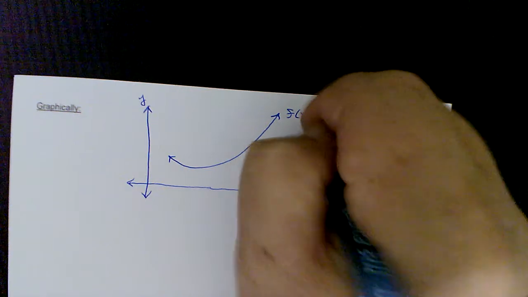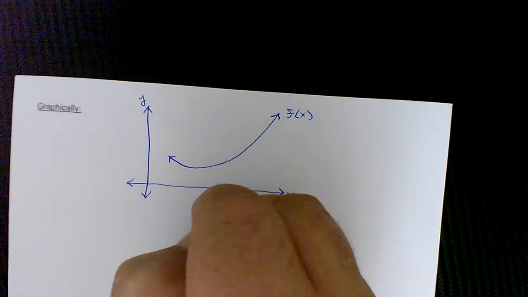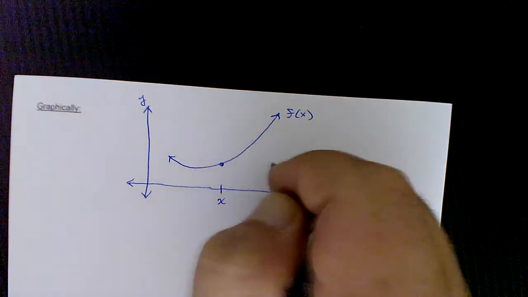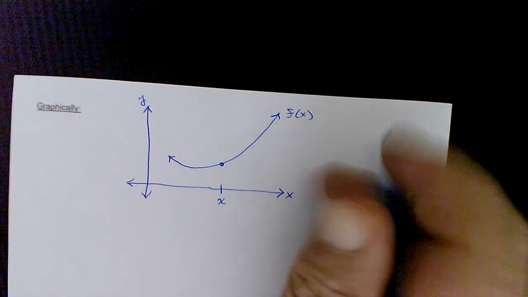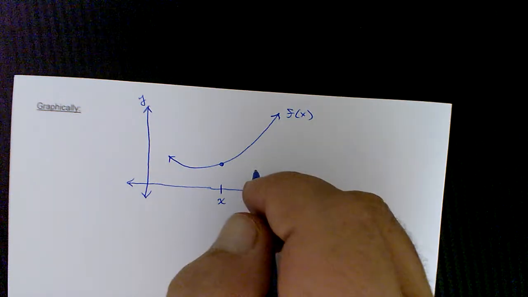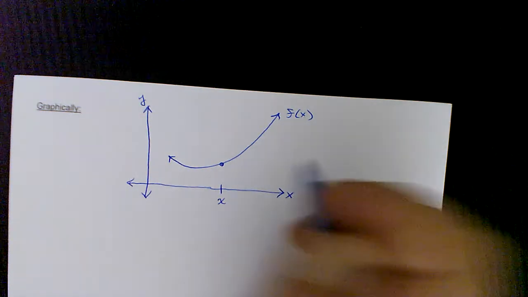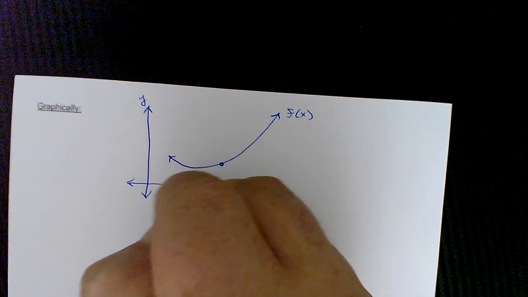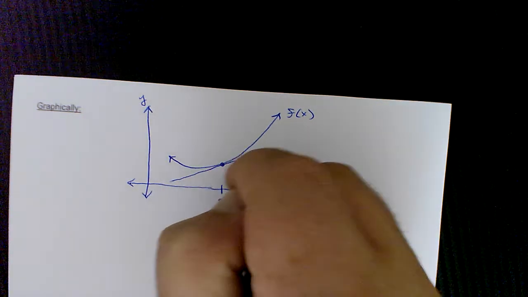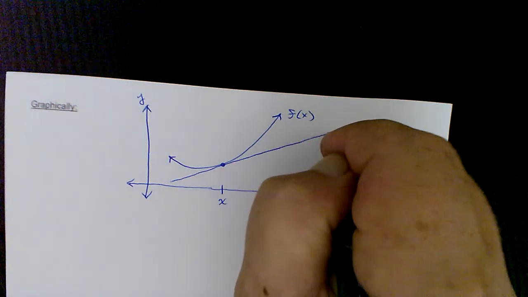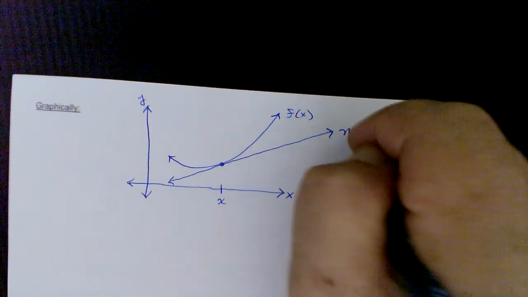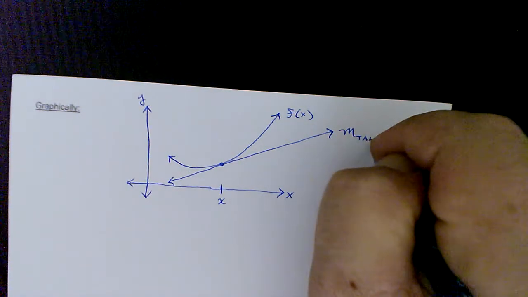And let's say we're concerned about finding the slope of the tangent line at a particular point that we call x. And once again, I really can't draw the tangent line exactly, but let's just say for the sake of argument that this is what the tangent line looks like. That's my ultimate goal, is to find out what is the slope of that tangent line.